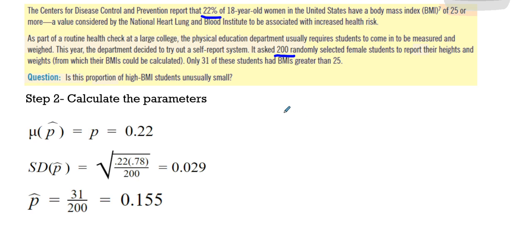And we're asking about the sample. So would we expect a sample of 200 to have this as its sample proportion if it is coming from a population that is 22%? That's what we're trying to figure out. We're trying to find the likelihood that we do that.